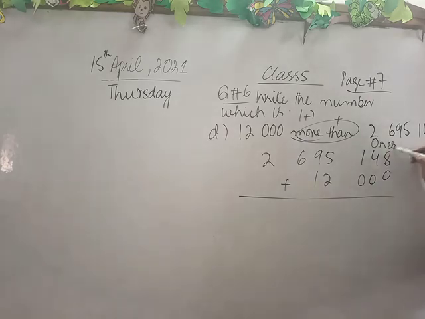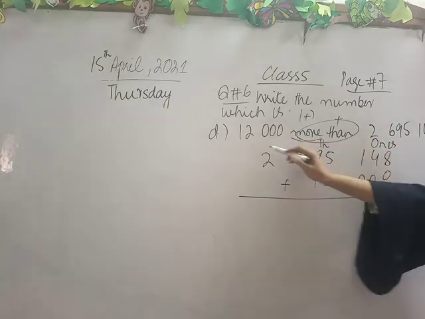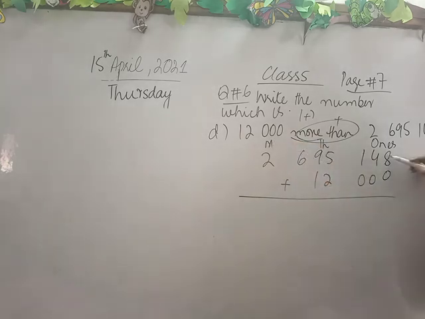This belongs to ones, thousands and millions. 8 plus 0 is equal to 8. 4 plus 0 equals 4. 1 plus 0 equals 1. 5 plus 2: 5 upper, 2 lower. So in total we have 7.